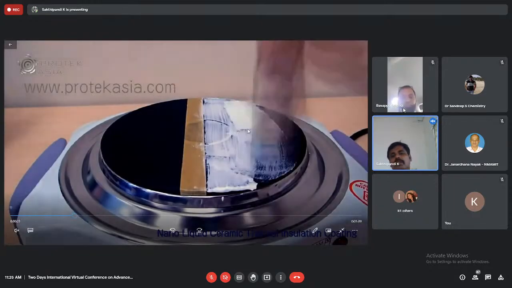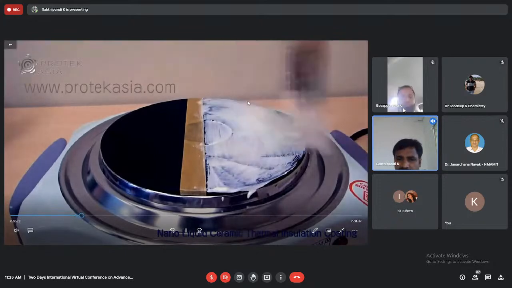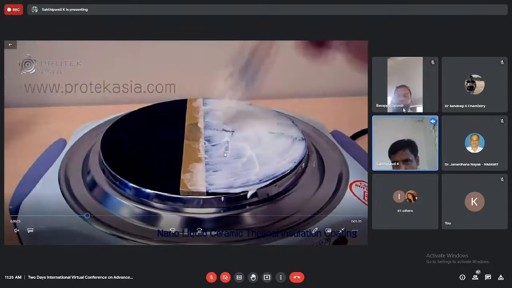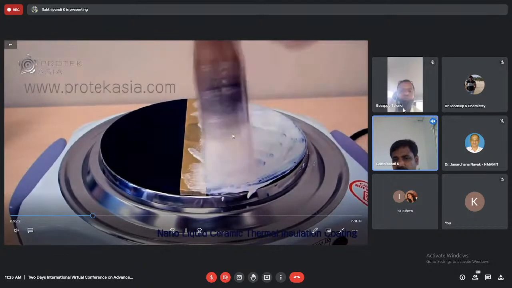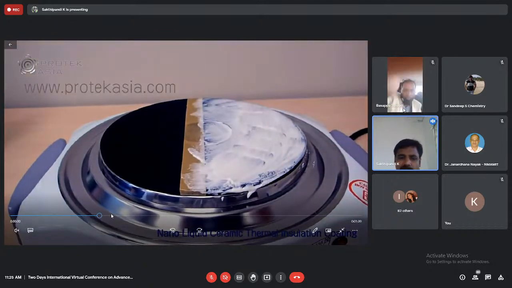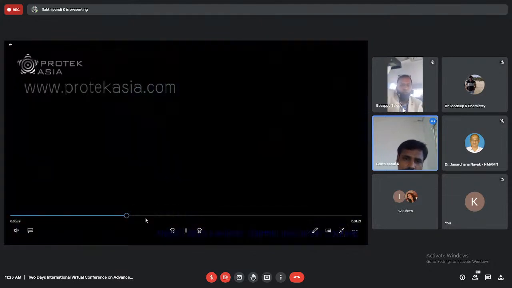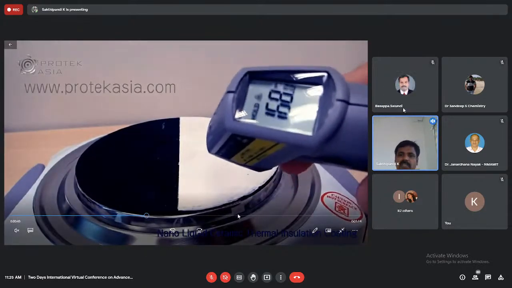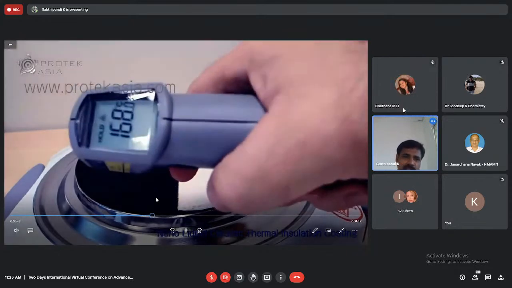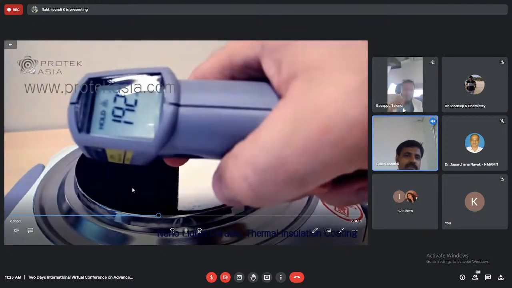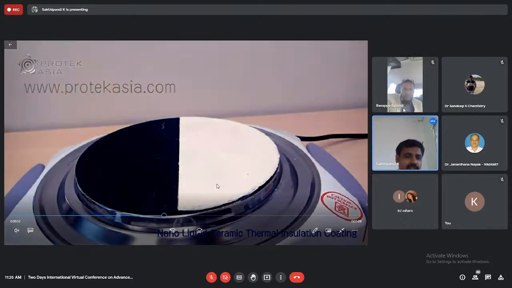So this is a hot plate. In this hot plate, one side of the plate is covered by a nano emulsion coating. The other side is empty. Here the temperature is 168. Here the temperature is 192. So there is a huge difference in temperature.